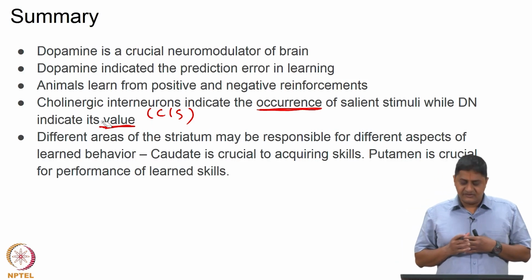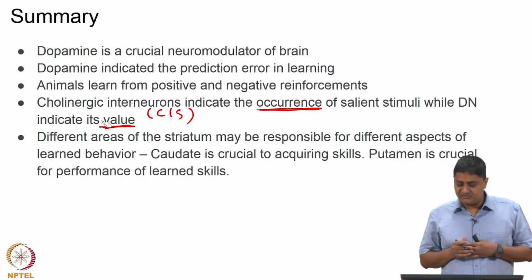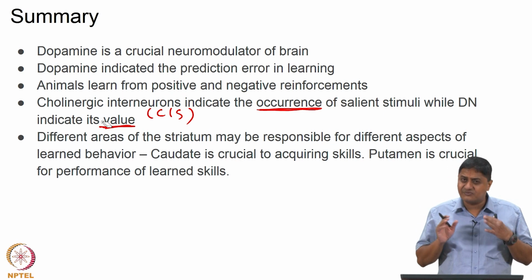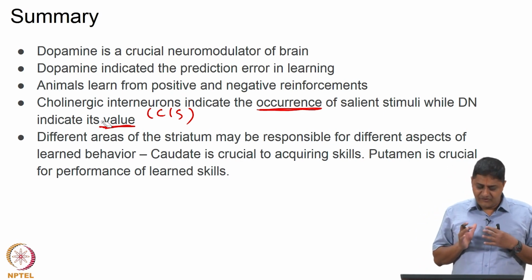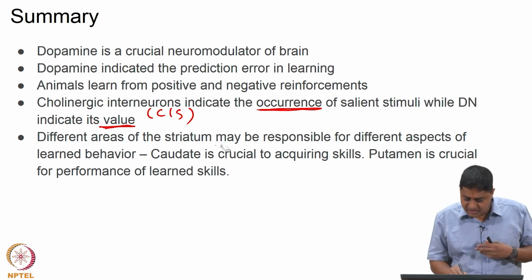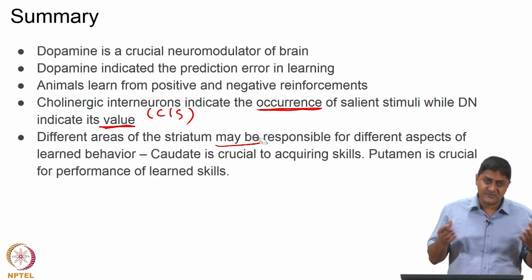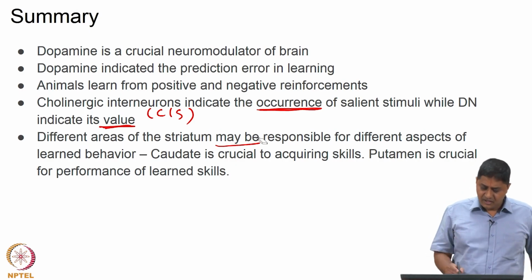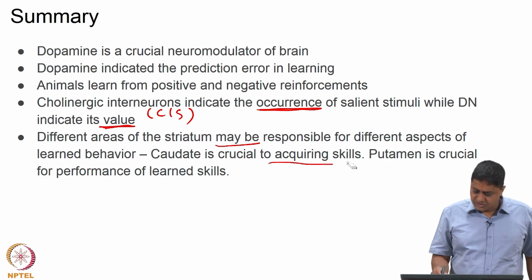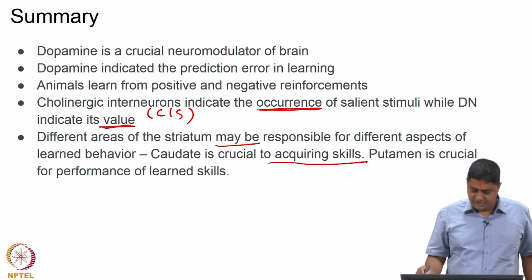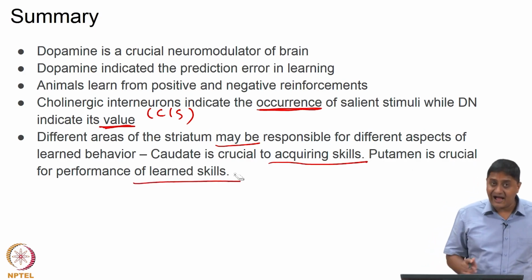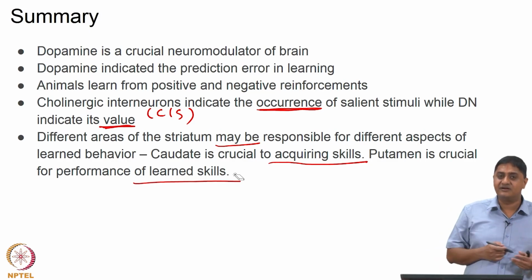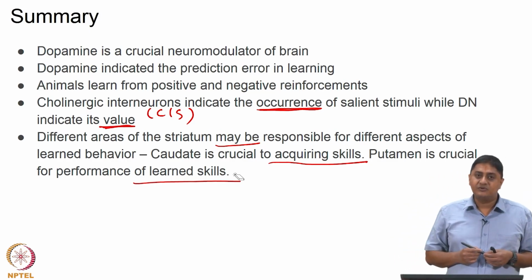Different areas of the striatum may be responsible for different aspects of learned behavior or learning, again speculation. Caudate is believed to be crucial for acquiring skills, and putamen is believed to be crucial for performance of already well learned skills. So, with this we come to the end of this lecture.